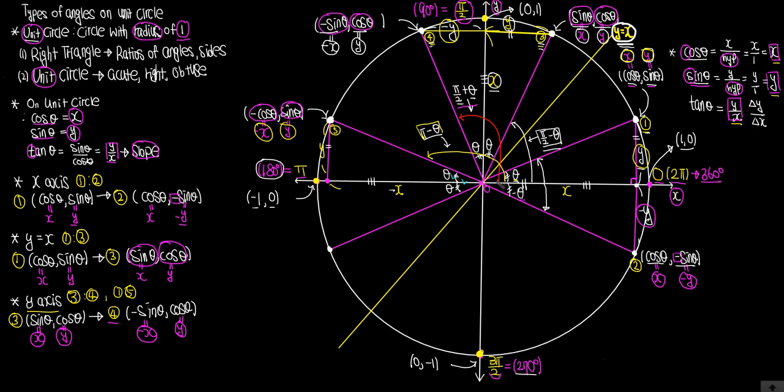From 180 degrees, if you add theta more, then you will get the amount of this angle, and we will call this angle pi plus theta. The reason it's called pi plus theta is because from 180 degrees, you just added the amount of theta. Now all you have to do is solve for the pi plus theta coordinate, which is the most interesting part of our unit circle.